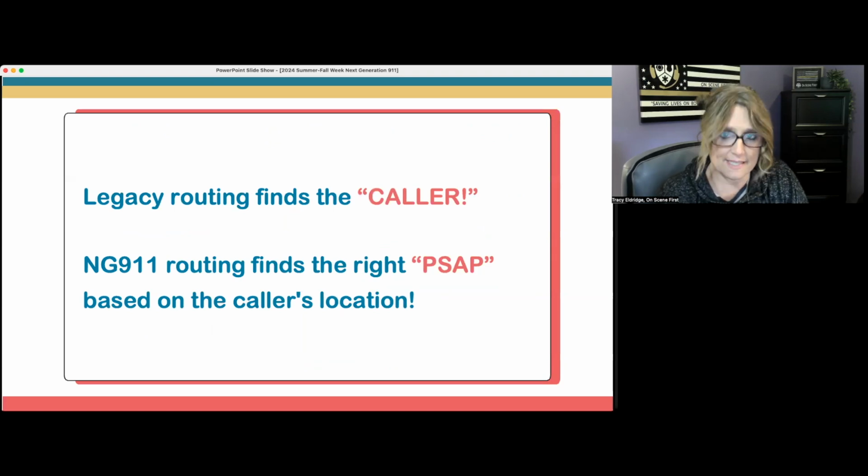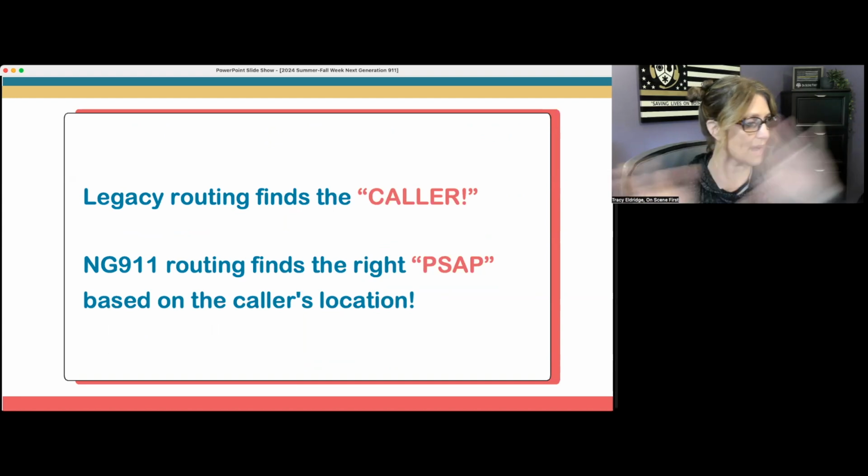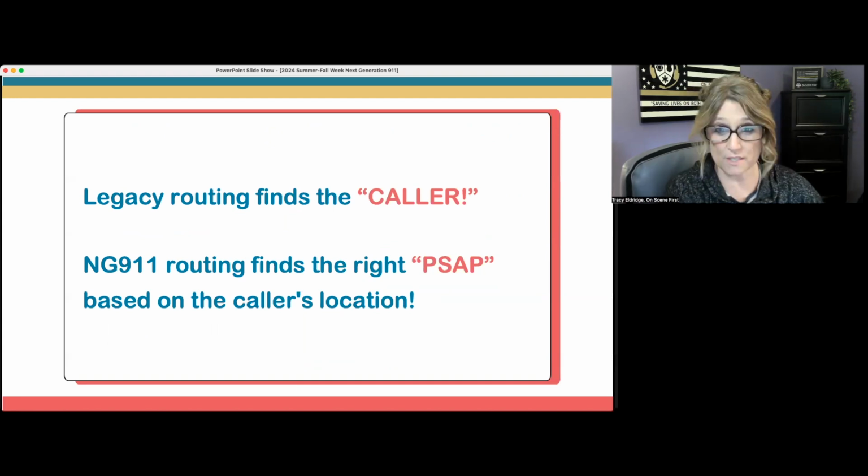In our legacy environment, legacy routing will find the caller. So the call will hit the tower, the call will go to the 911 center that's associated with that tower, and then it will send out a request for a more precise location.